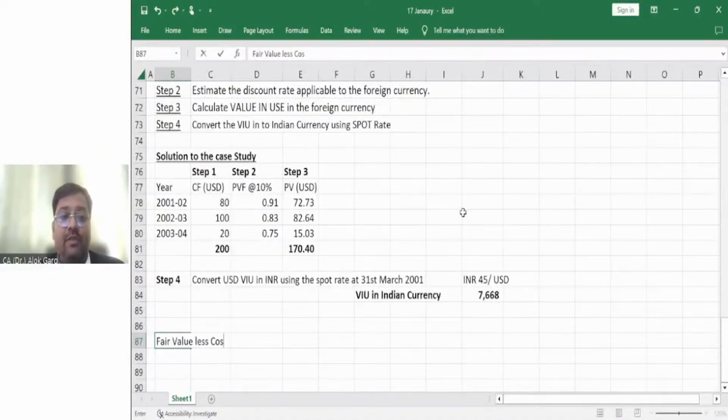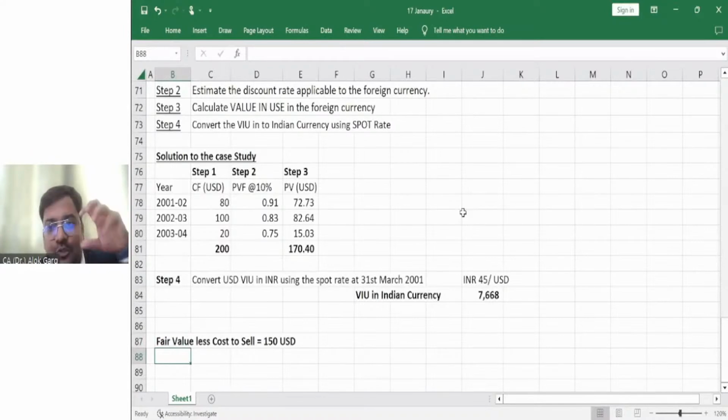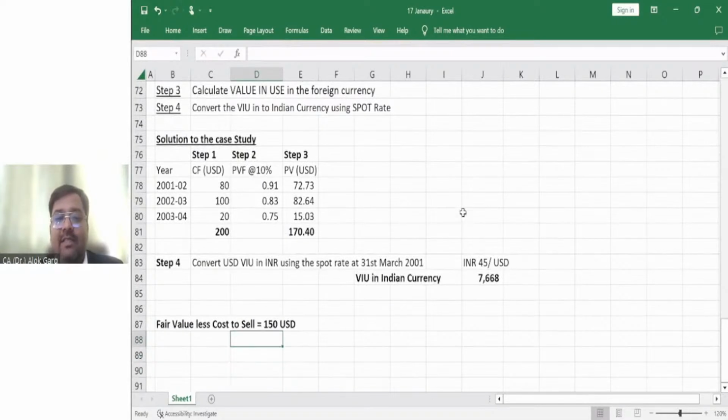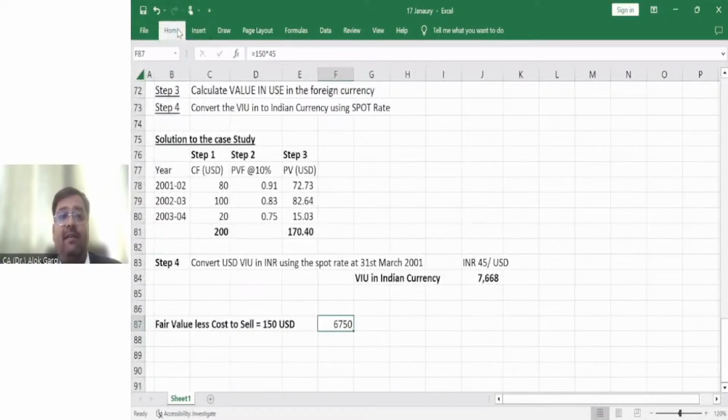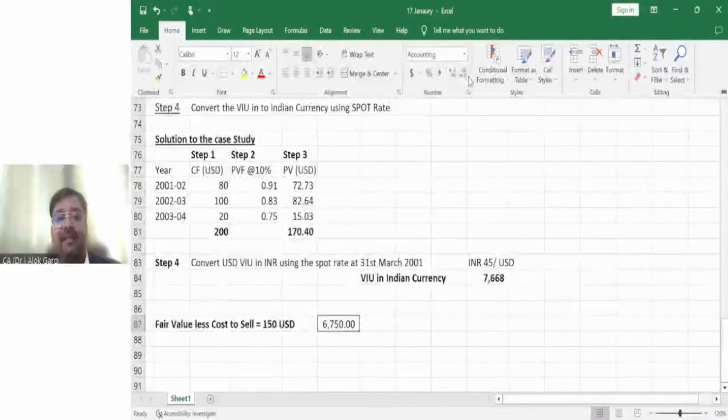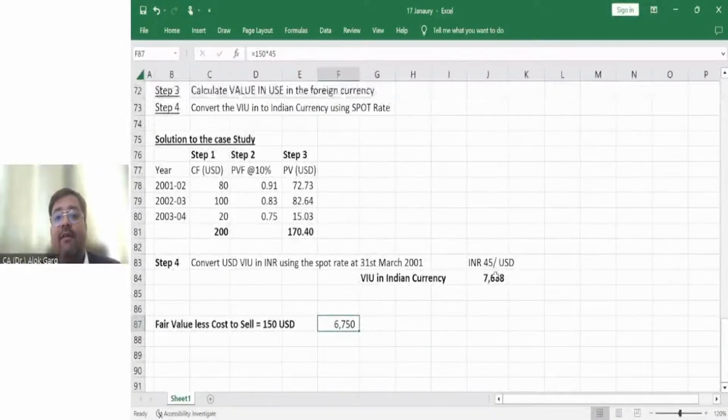Let's say the fair value less cost to sell in US is $150. That also pertains to the measurement date, which is 31st March 2001. So of course, you again apply the spot rate, which is 45 rupees per USD. It comes out at 150 multiplied by 45, which is 6750. So what is higher, 6750 or 7668? 7668 is higher. So you have to take 7668 as the recoverable amount.